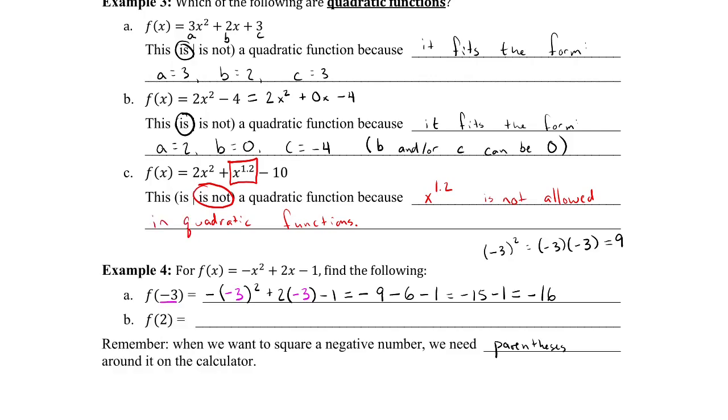One advantage of doing it this way is in the next part of this question, we want to take f of 2, which is going to be the opposite of 2 squared plus 2 times 2 minus 1, which of course we could just punch into the calculator manually.